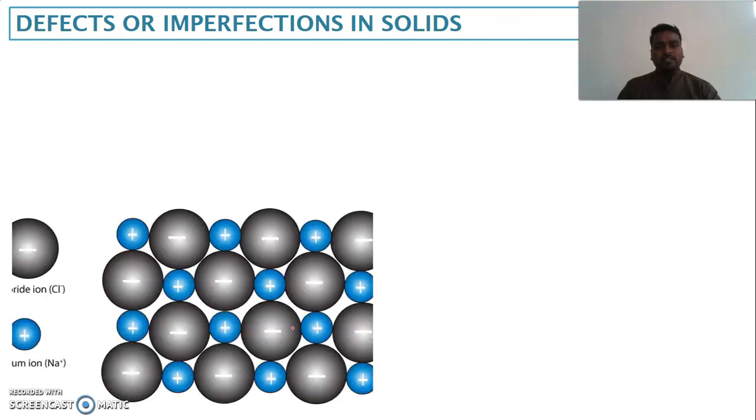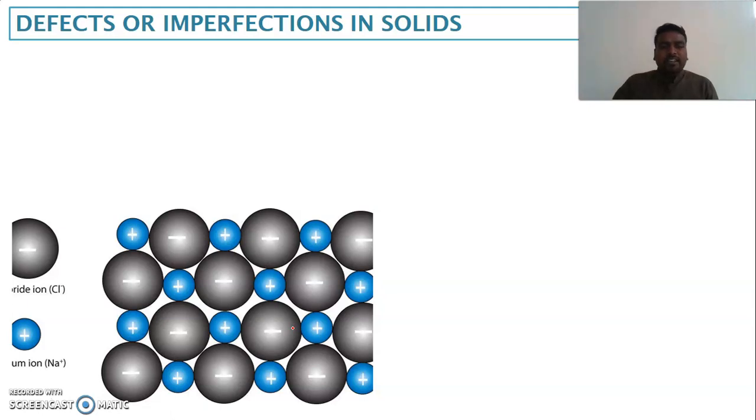Dear students, we know what a crystal is. Crystal is famous for its systematic arrangement. The systematic arrangement in a three-dimensional manner gives a standard regular geometry. For this reason we call it a crystal. That means there is a perfection in their arrangement.